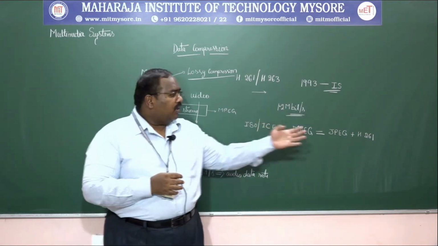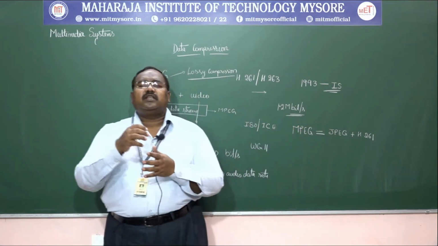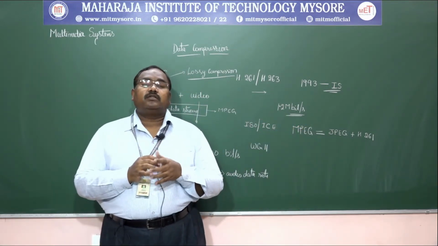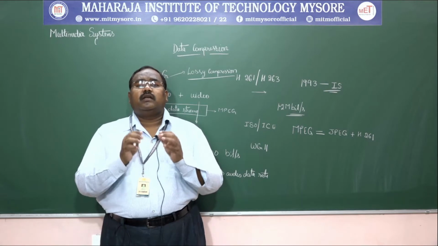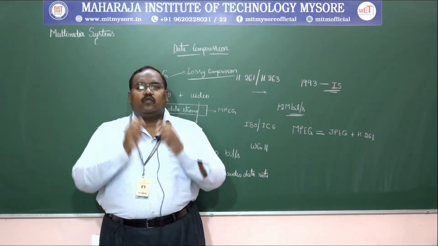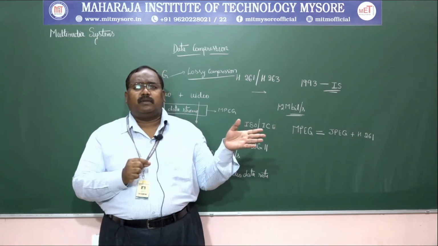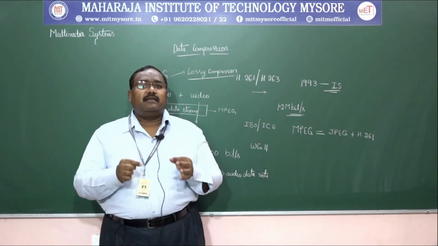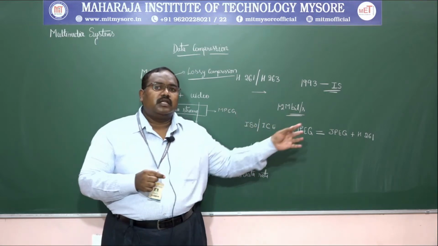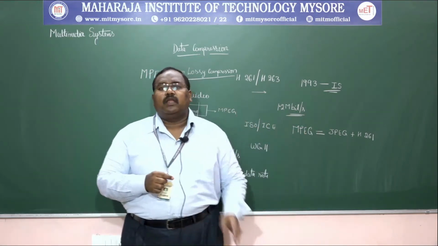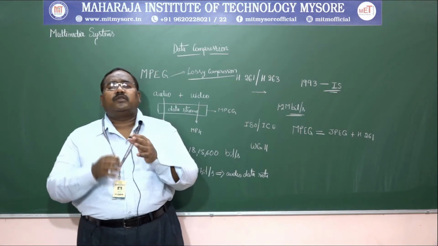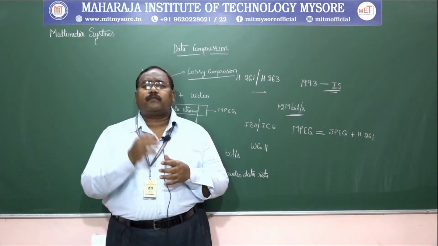And then about H.261, it already existed, because with H.261 we were able to compress videos at a low data rate. We have seen this in the previous session, including its merits and demerits. So H.261 was an already existing standard.